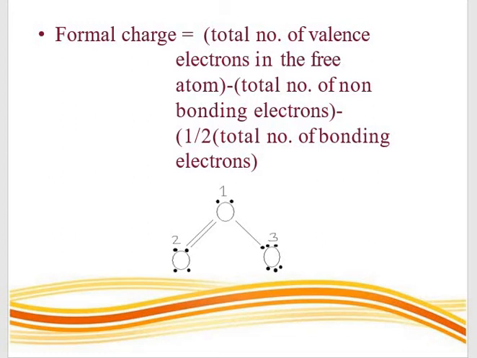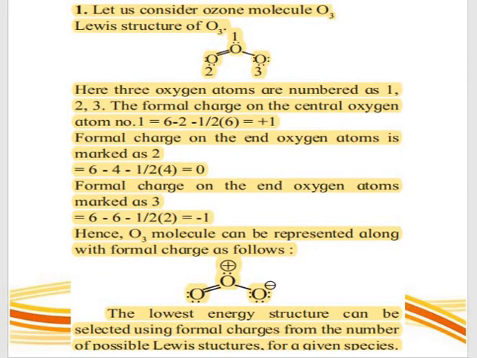Let's understand this with one example. Now let us consider the ozone molecule. You are seeing the Lewis structure of the ozone molecule here. Consider the 3 oxygen atoms as oxygen number 1, oxygen number 2, oxygen number 3 in the diagram.